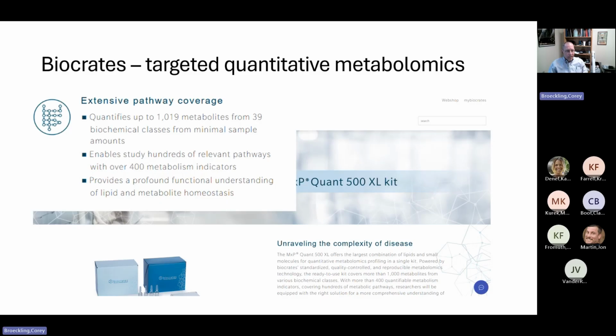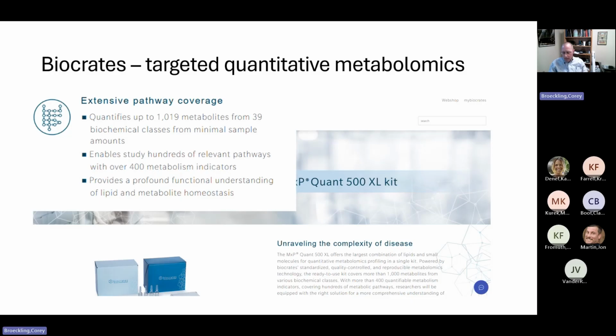And so what this provides is extensive pathway coverage. This particular kit that we're using has over 1,000 metabolites from 39 biochemical classes. And one of the cool things, if you don't want to spend a lot of time rebuilding the wheel, is their software has actually mapped a bunch of these metabolites to pathways and disease health state indicators, so that there's a lot of opportunity for some built-in interpretation that sort of comes with the kit.